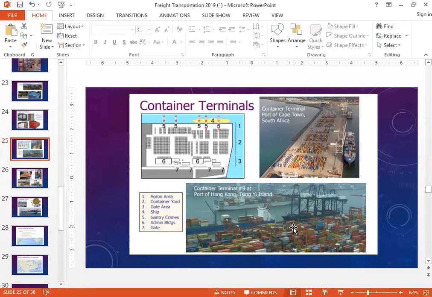Again, the cranes pick the containers from the 4 corners, and they place them back and forth accordingly. Then this number one area, which is right after the gantry area, is called the apron area. And then after that is the container yard. This is just sort of a distribution area, because you just see so many different containers laid out here. And obviously they're all labeled. You need to know which container is where. And then behind that, you see some admin buildings and the gate. So this is the general layout of a terminal.